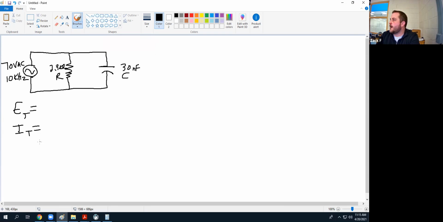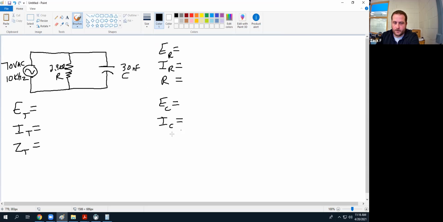Starts with an I and rhymes with impedance. Voltage across the resistor, current through the resistor, voltage across the capacitor, current through the capacitor.